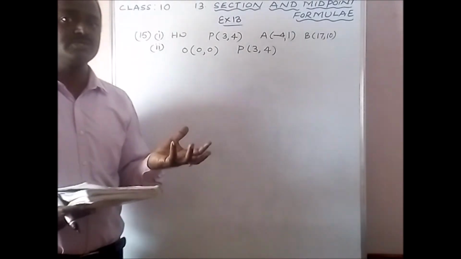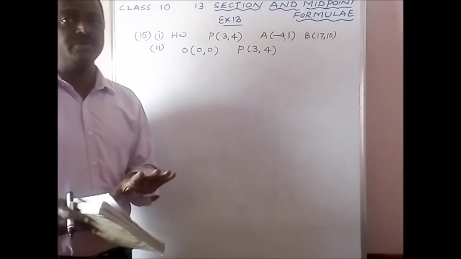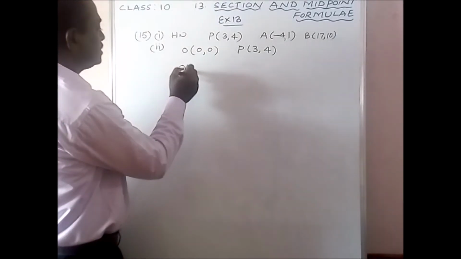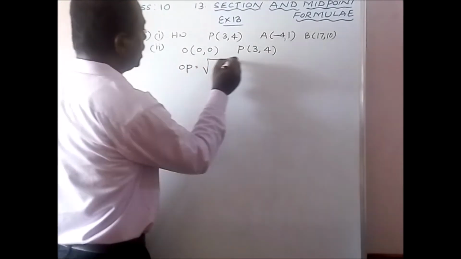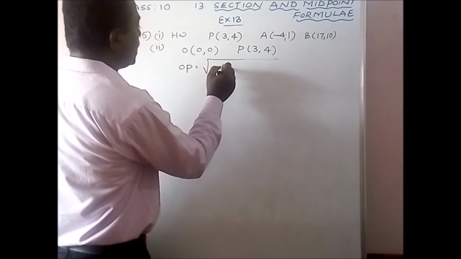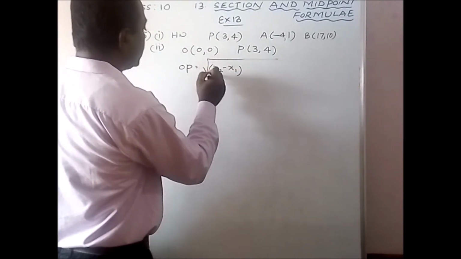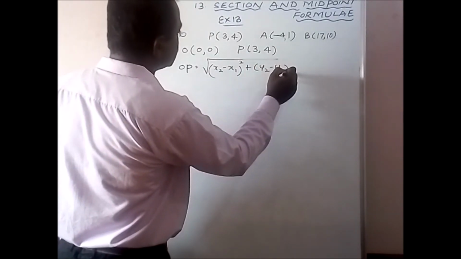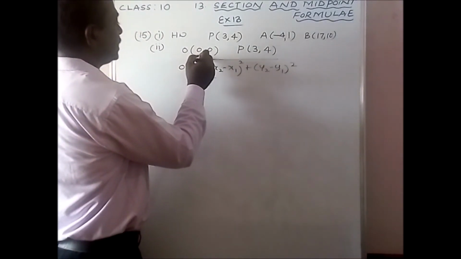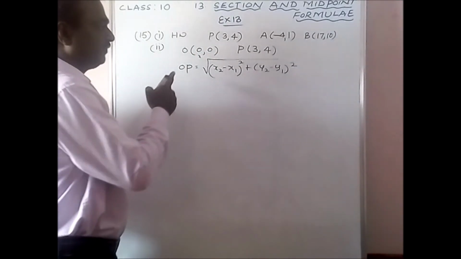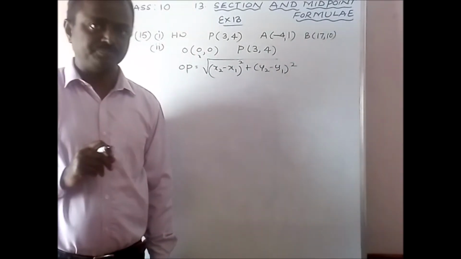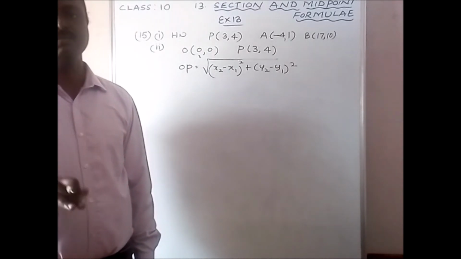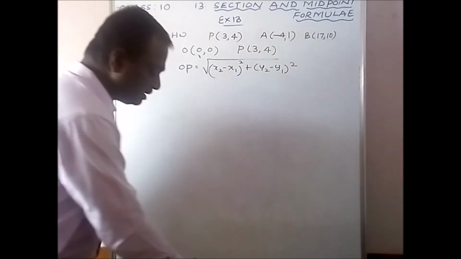So for the distance between O and P, definitely you have to use the distance formula. What does the distance formula say? OP is equal to the root of (x2 minus x1) whole square plus (y2 minus y1) whole square. But we know one more formula, because distance from the origin is nothing but root of x square plus y square.